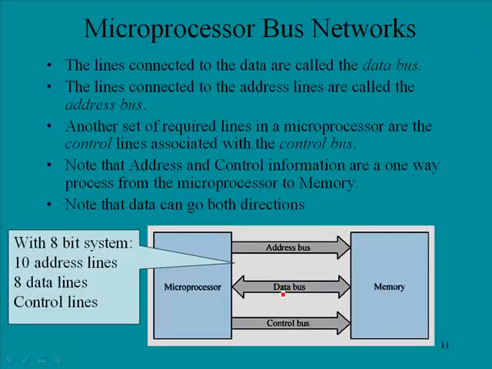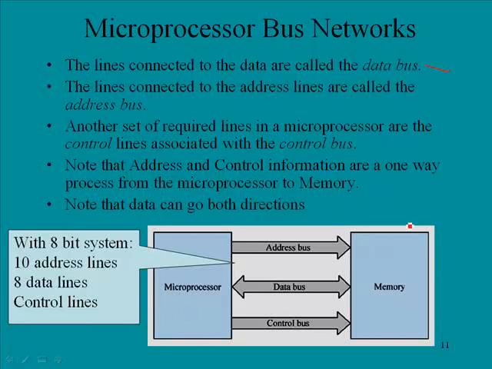The lines connected to the data are called the data bus. Okay, we have a specific name for those data lines. It's called the data bus. The lines connected to the address lines are called the address bus. Another set of required lines in a microprocessor are the control lines, and that is the control bus. Note that the address and control information are a one-way process from microprocessor to memory, so it tells you who's in charge here.